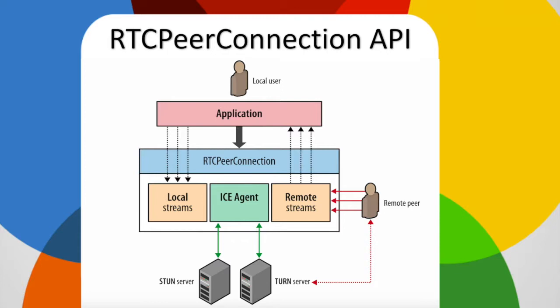RTCPeerConnection provides the necessary APIs to generate the connection offer, accept the answer, and allow us to query the connection for its current state. In short, RTCPeerConnection encapsulates all the connection setup, management, and state within a single interface.